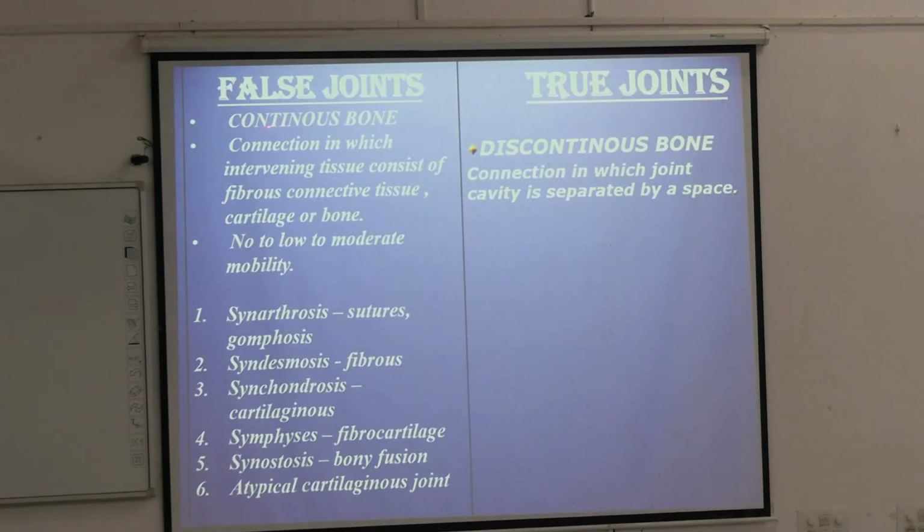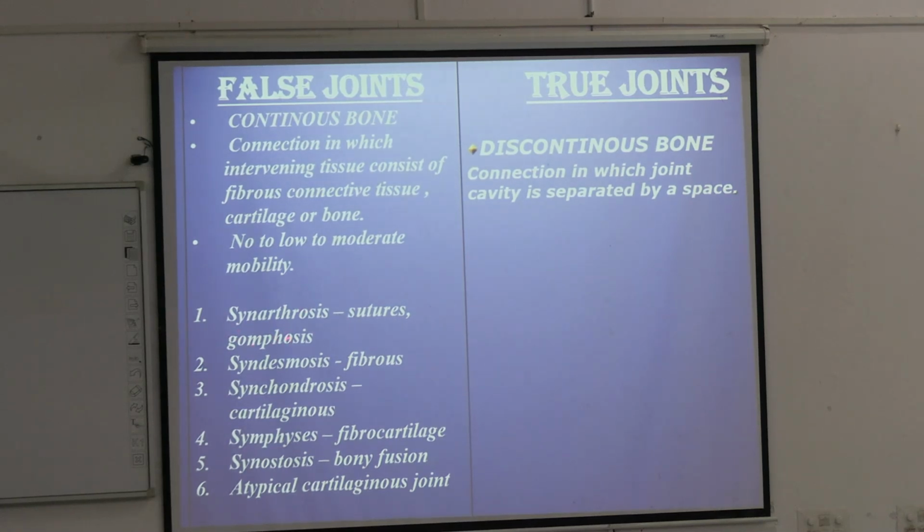False joint: continuous bone connection in which intervening tissues consist of fibrous connective tissue, cartilage or bone. No to low mobility, moderate mobility. Synarthrosis: sutures, gomphosis.